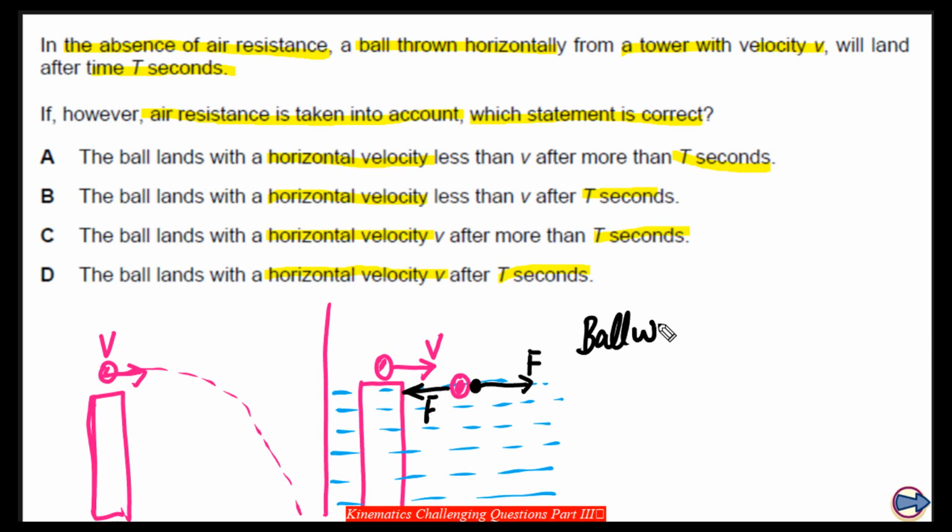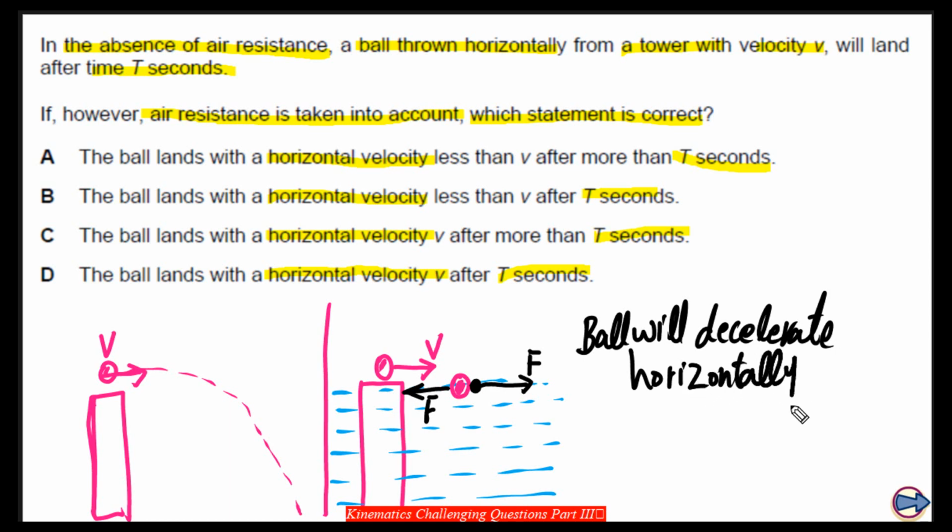So in this case, simply we understand the ball will decelerate horizontally, meaning its horizontal velocity will decrease. If there is no air resistance, the horizontal component of velocity will not change, and at this point it will still be equal to v.